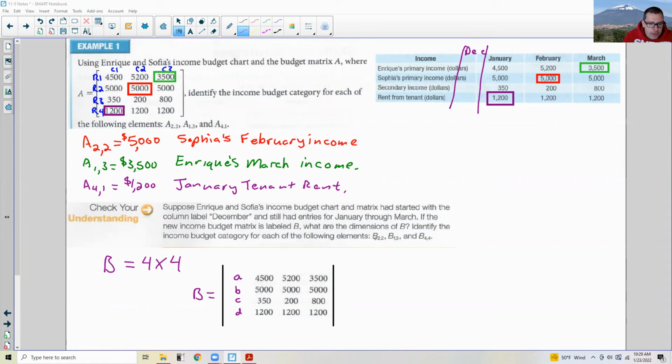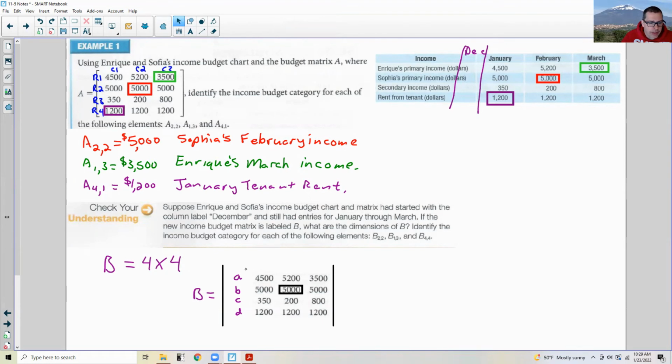Now it's saying, where's B2,2? Well, that would be row 2, column 2. It is going to be this one right here, which is January, $5,000, because January was column 1, now it has become column 2 because December is before it. So it would be Sophia's primary income for January. Did I move this?